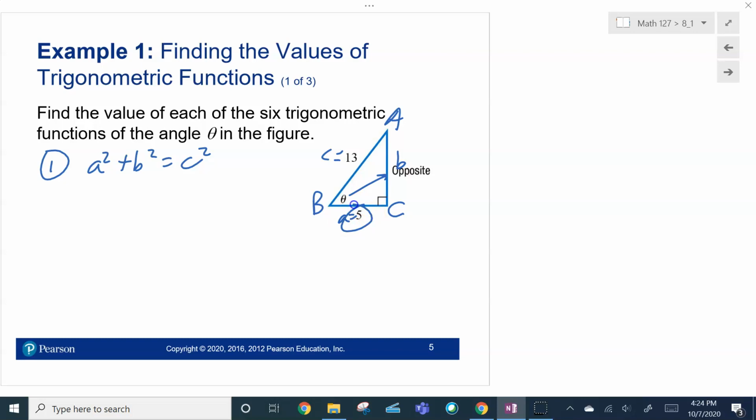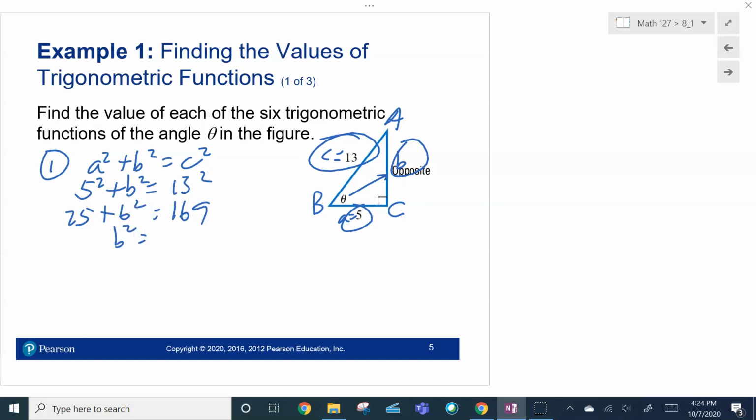So 5 squared plus b squared equals 13 squared. So we got 25 plus b squared equals 169. B squared, subtract 25, we get 144. Plus or minus 12 once we square root that. And we know this is a side length, so it's got to be 12. So b is 12. That's our first step.